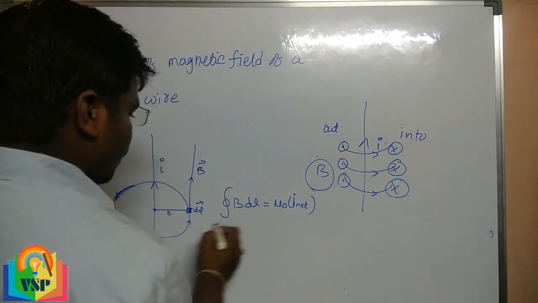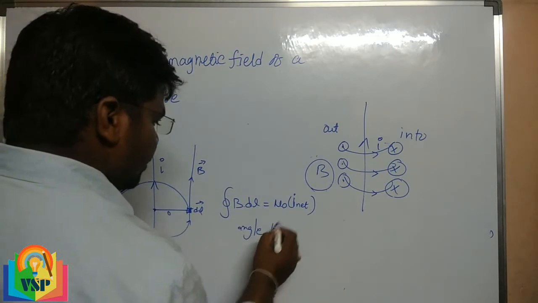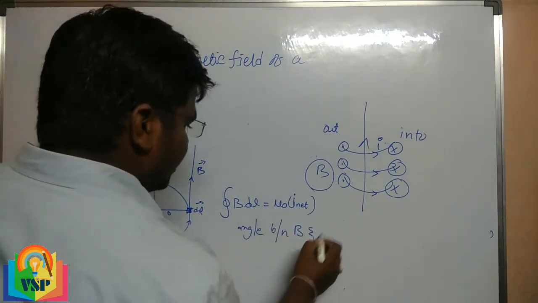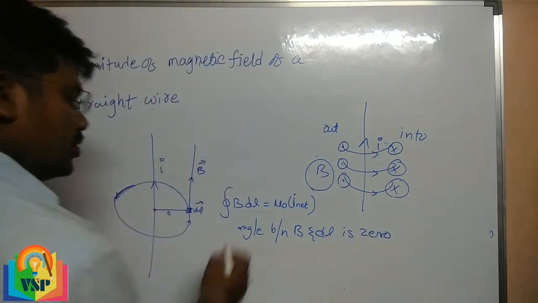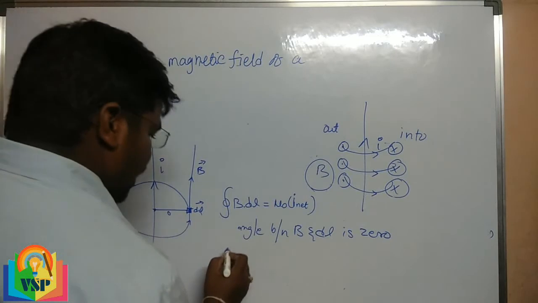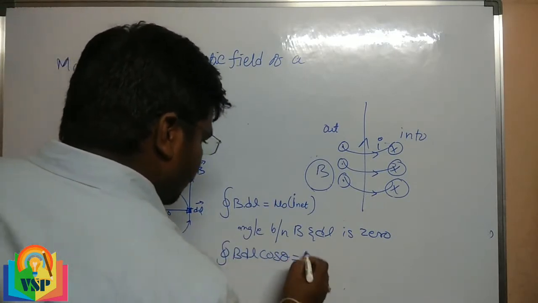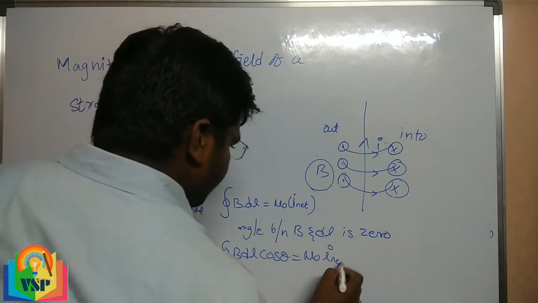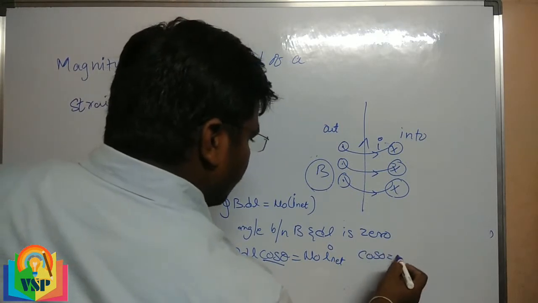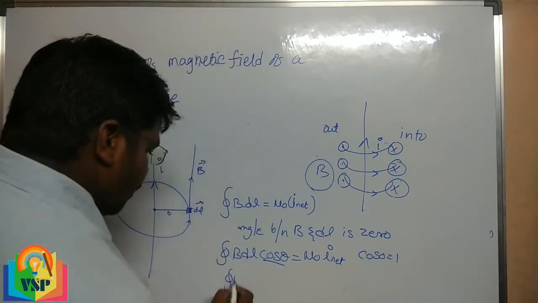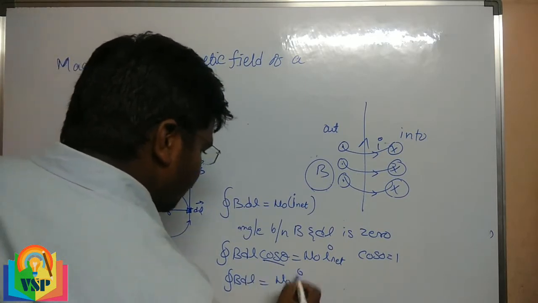Now here the angle between B and dl is 0. This is a dot product, so we can write B dl cos theta is equal to mu naught I net. Cos 0 is equal to 1.